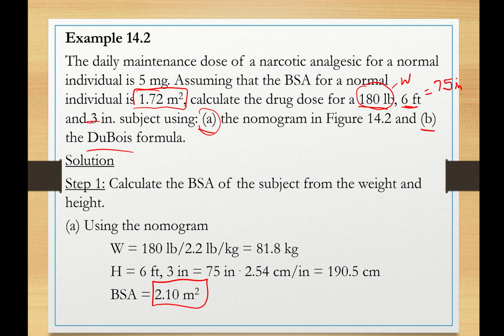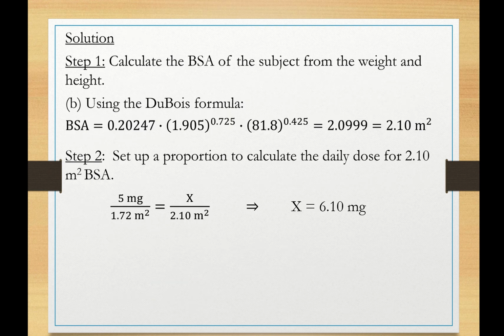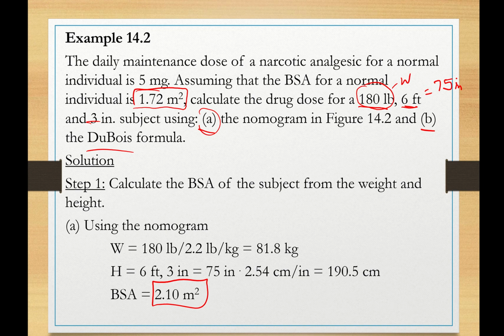Okay, as I just showed it. Now, using the Dubois formula, the BSA is 0.20247 times 1.905 to the power, this is the meters, that I have calculated here. This is 190.5 centimeters.